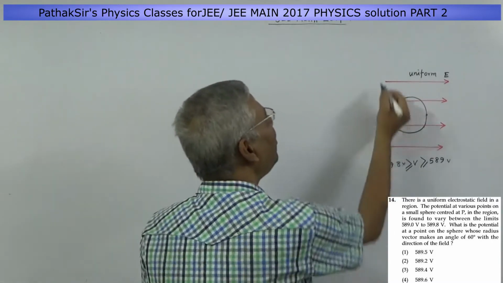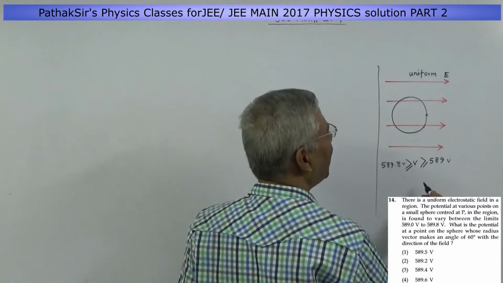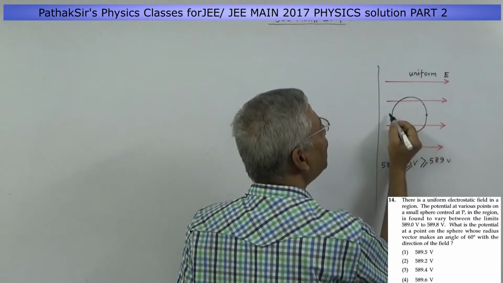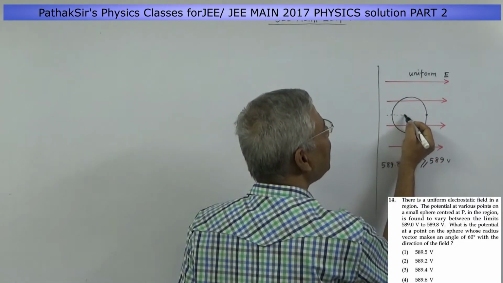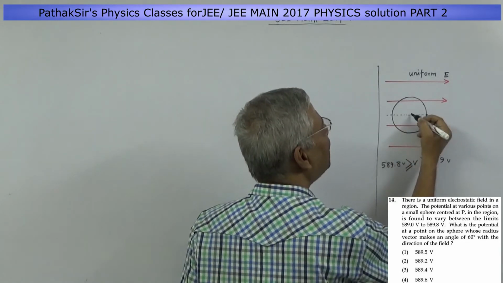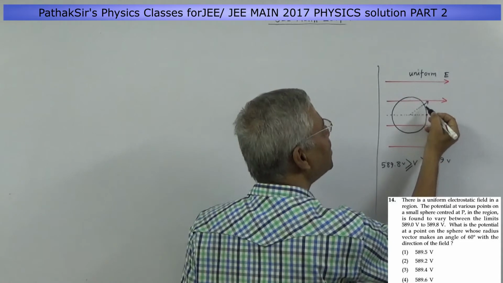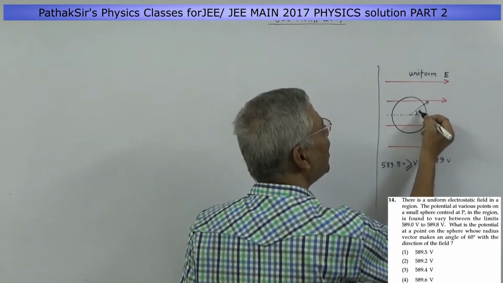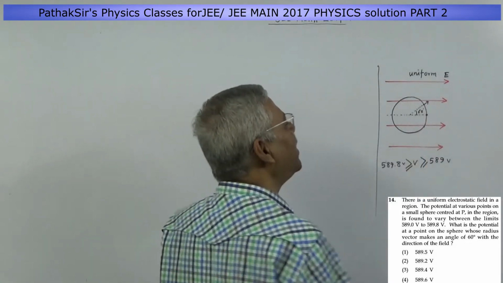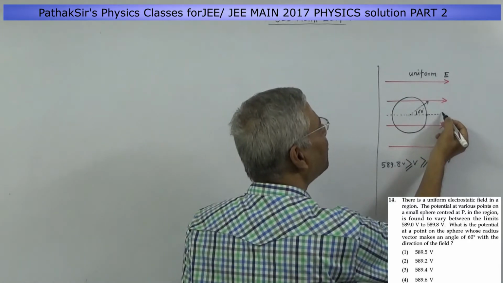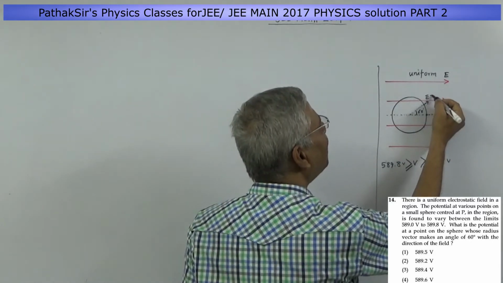You have to find the potential at a point that makes 60 degree. The radius passing through that point makes 60 degree with the direction of the field. So you have to find the potential at this point.